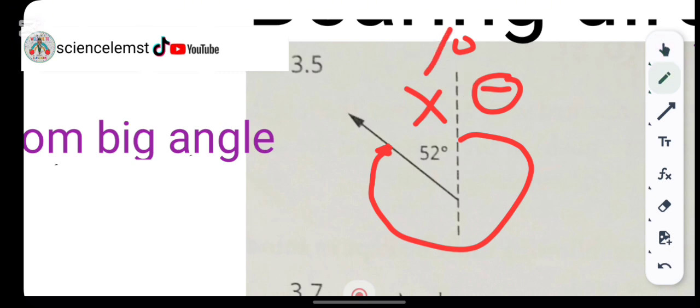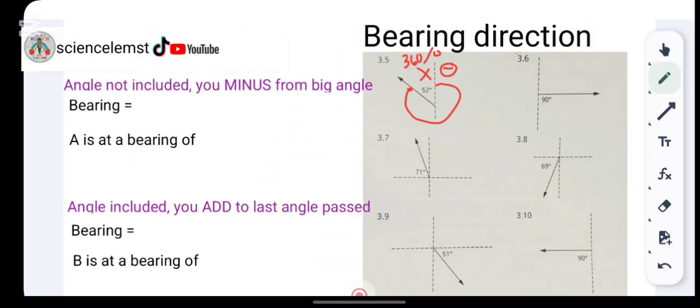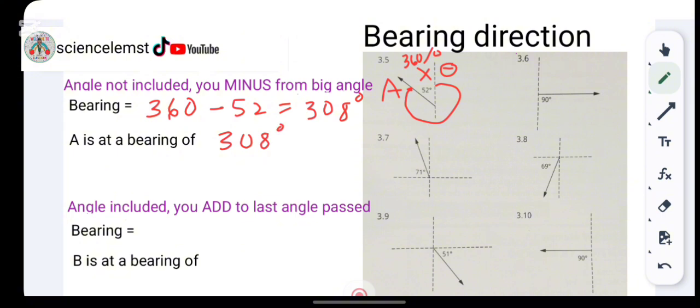So I am going to minus the 52 from 360. That means 360 minus 52, which is 308 degrees. So if I give this vector the name A, it will be at a bearing of 308.